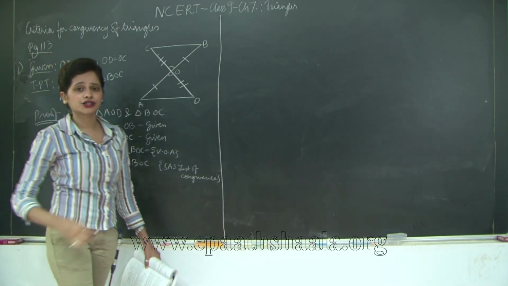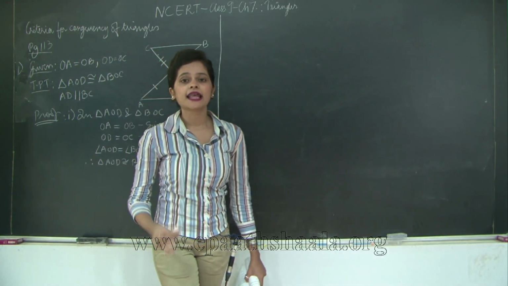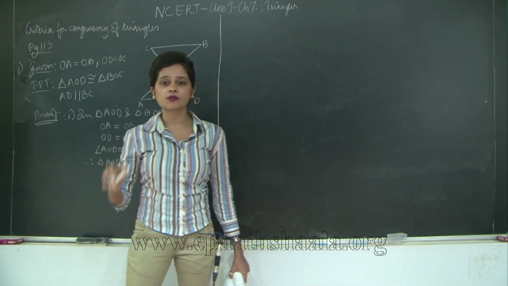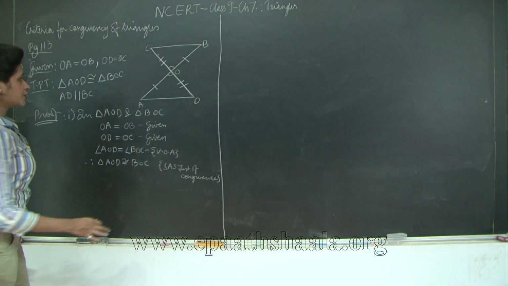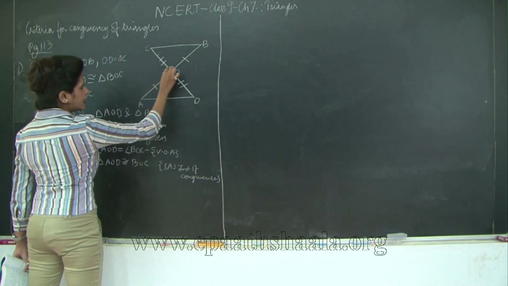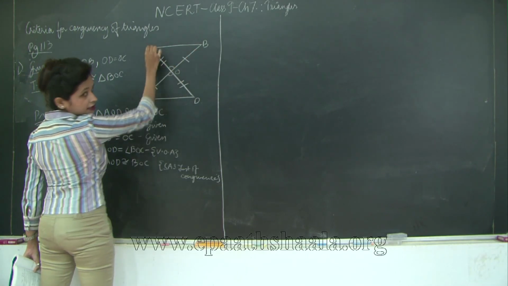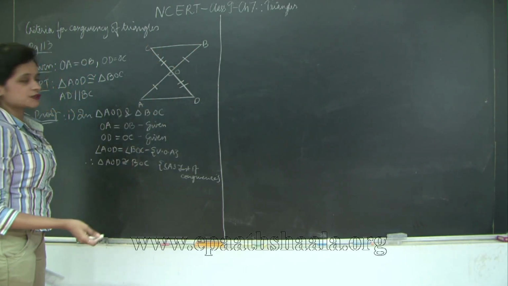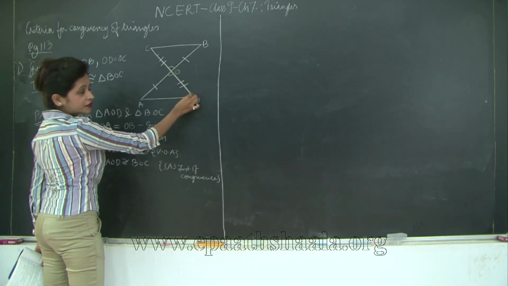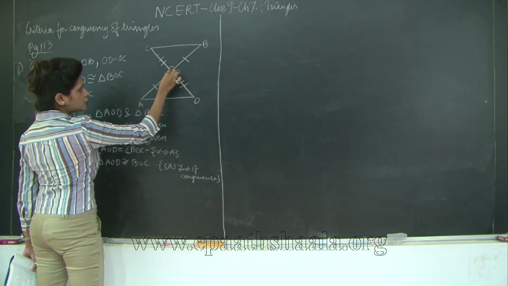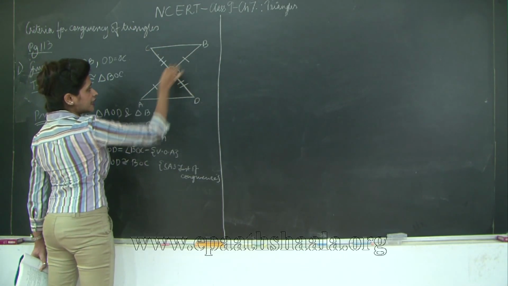Now, remember initially when we just started with the chapter, I mentioned that if two triangles are congruent, then the corresponding angles and the corresponding sides are going to be equal, right. So, now if you notice over here, I have triangle AOD, correct, and triangle BOC. So, what are my corresponding angles going to be? See now, if I take OAD, so OAD goes from the center, that is the point of intersection of CD and BA, right.